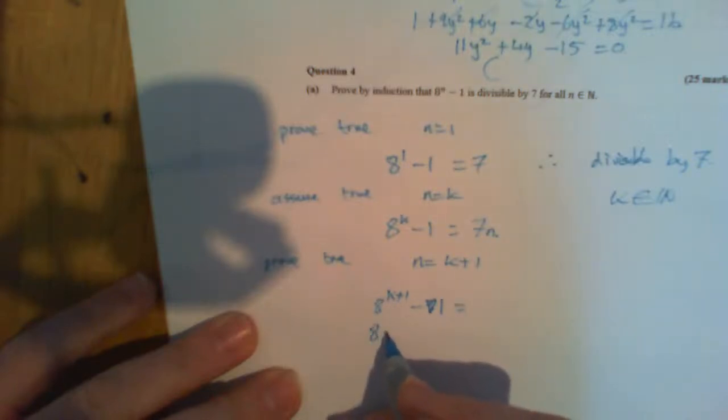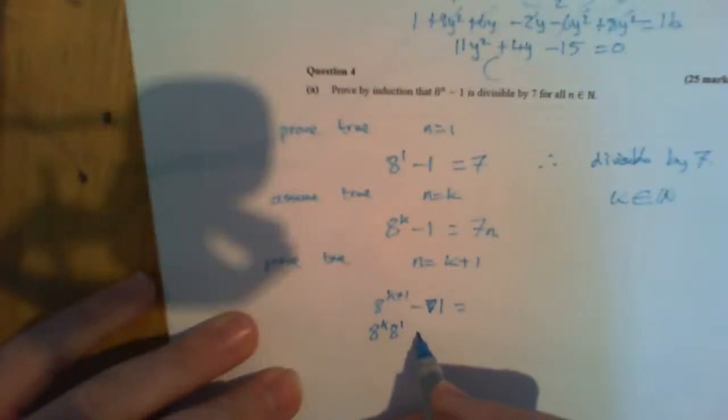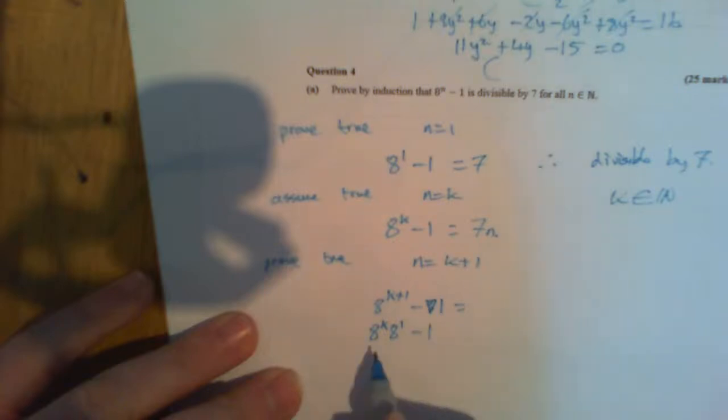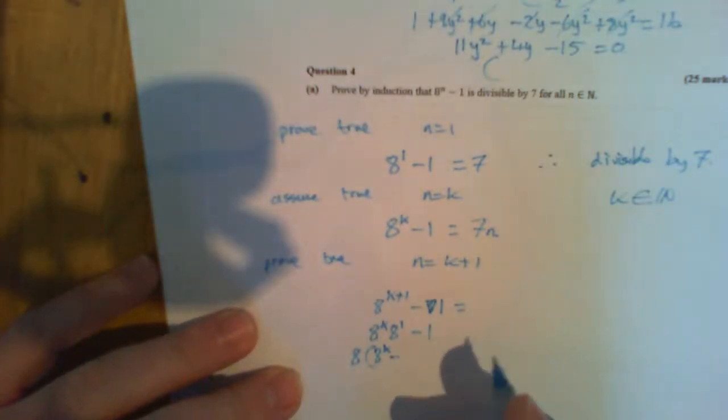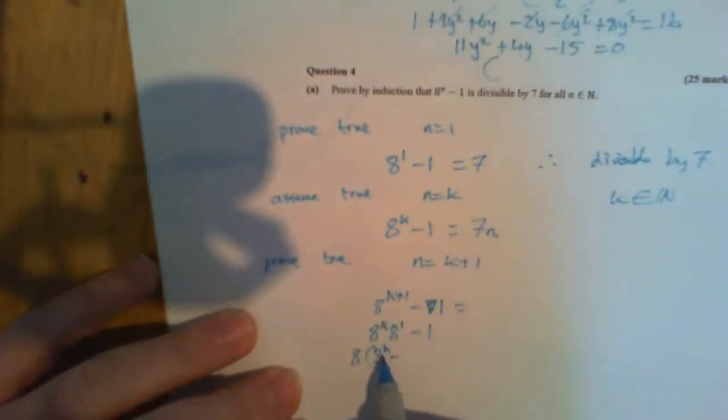That's 8 to the power of k multiplied by 8 to the power of 1, minus 1. And if I take the 8 over this side, that's 8 multiplied by 8 to the power of k, minus 1.